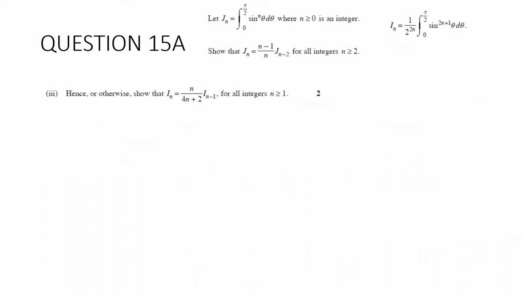3. Hence or otherwise show that In is equal to n over 4n plus 2 multiplied by In minus 1. Now, this is what we proved in part 1, which we haven't used so far, and this is what we just proved. So let's start with In is equal to 1 over 2 to the power of 2n, and that part there is J 2n plus 1.